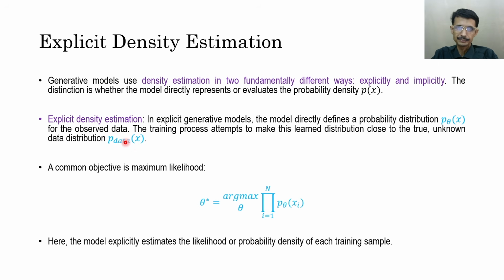It is an unknown distribution, and we try to model it explicitly. So as we understand, we can use maximum likelihood: theta star is the argmax over theta. Here the model explicitly estimates the likelihood or probability density of each training sample. So this is the case of explicit density estimation.